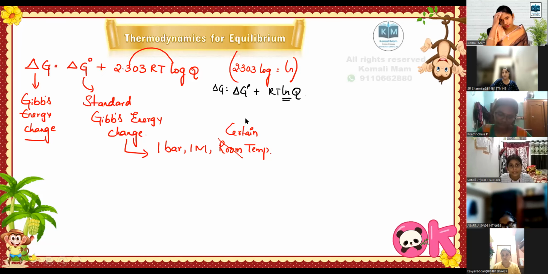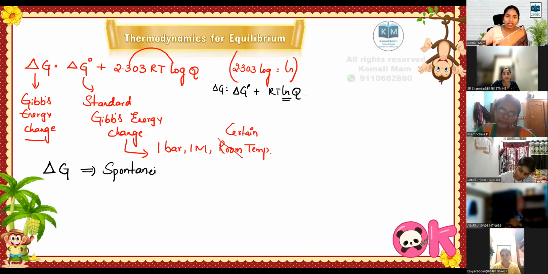Got it? Right. Now, I will tell you some conditions. These are the conditions which we saw in the second law of thermodynamics. Once, if you remember or not, please check it out. Delta G is useful to find the spontaneity of a reaction.